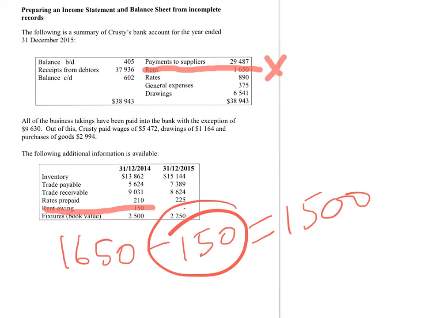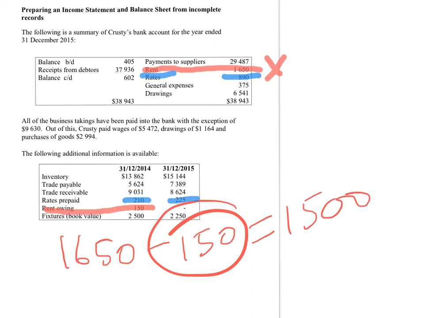And with rates prepaid, on the other hand, firstly rates paid this year was 890, but we have rates prepaid last year of 210 and prepaid this year of 225, and the approach is slightly different because a prepayment is the opposite of an accrual or owing.